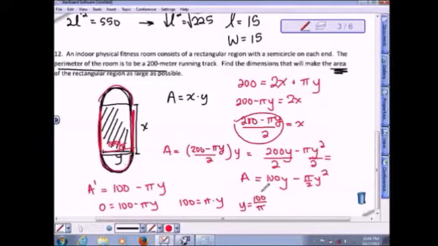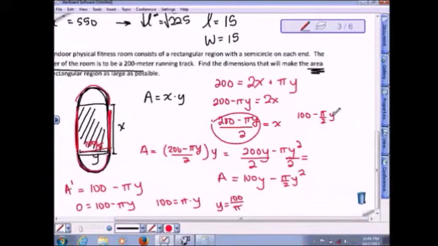Now, to find x, x right here, if we wanted to again make this a little bit easier, x is equal to 100 minus pi over 2 times y.